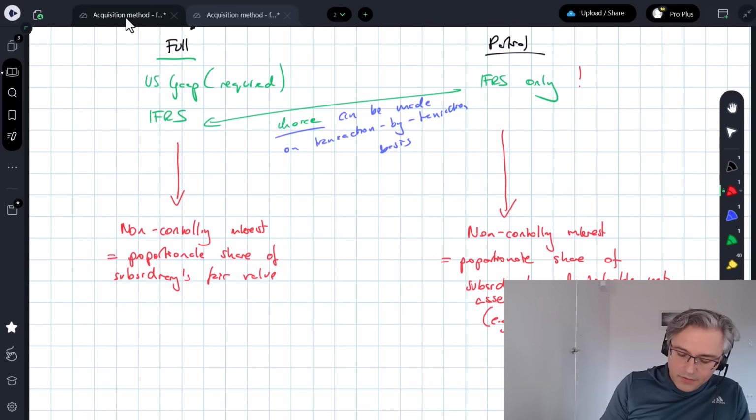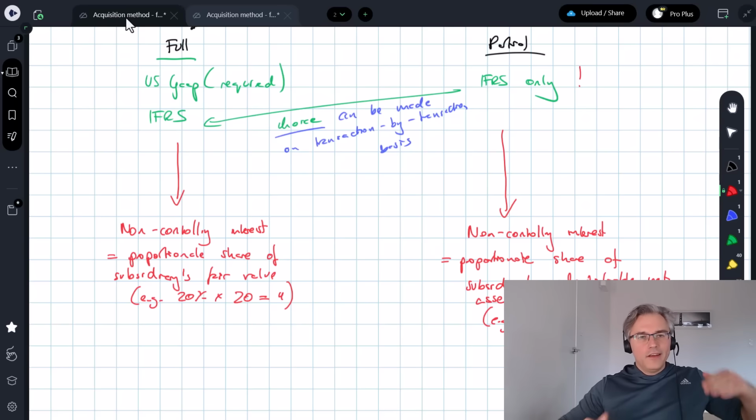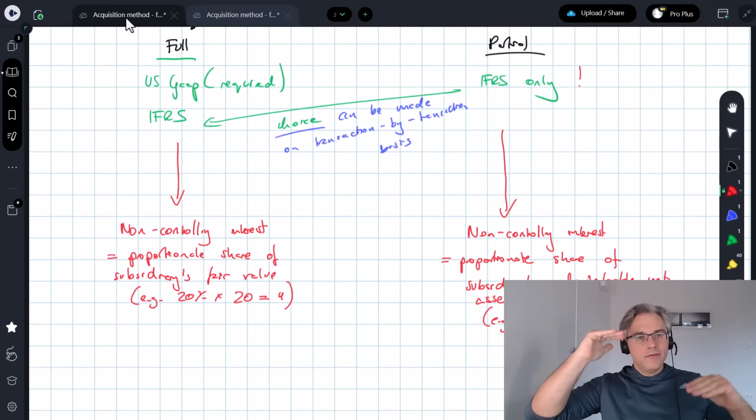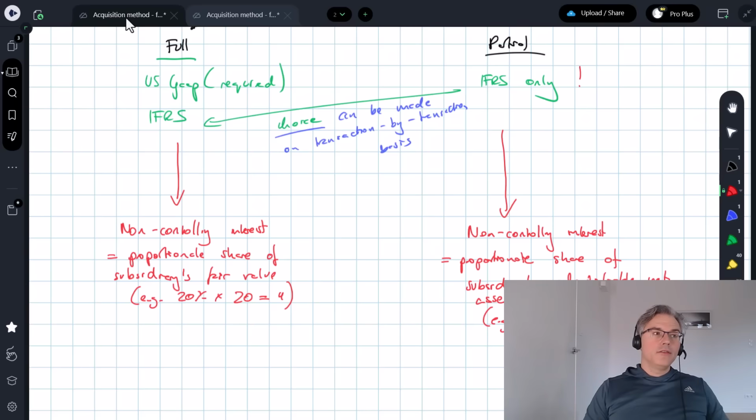In my example, it was 20% of 20, which gave 4, not 3. Right, higher goodwill, higher non-controlling interest, but the amount by which goodwill is higher also translates to the same higher non-controlling interest.